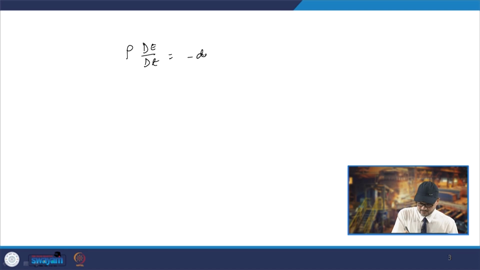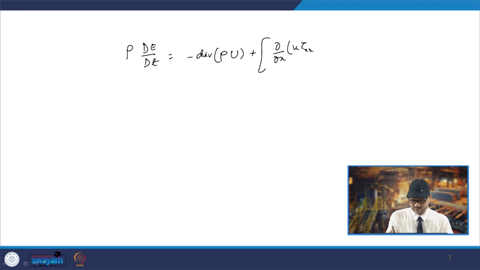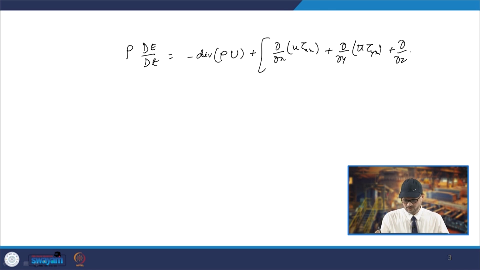That was minus div of rho u, and then you had terms like dou by dou x of u tau xx, then dou by dou y of u tau yx, then dou by dou z of u tau zx.